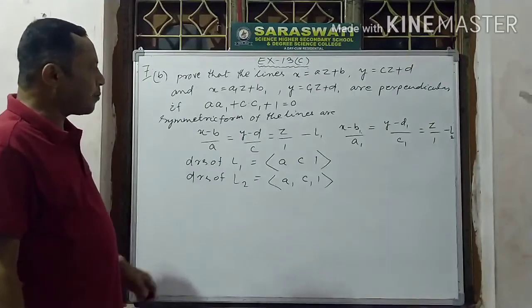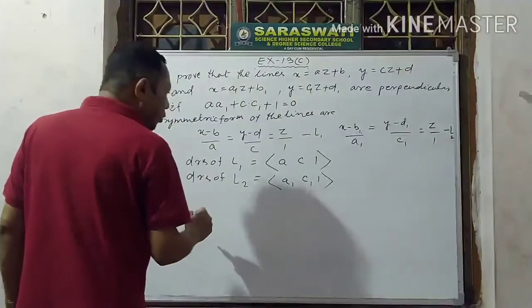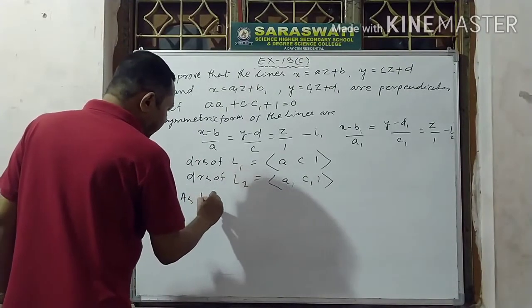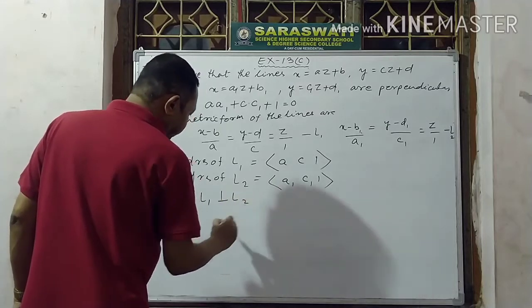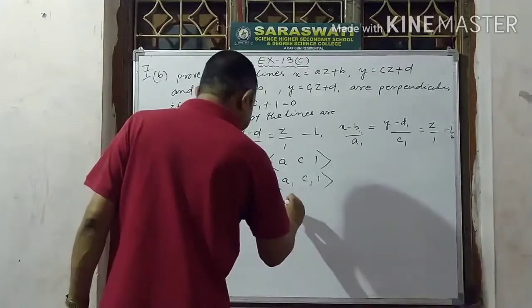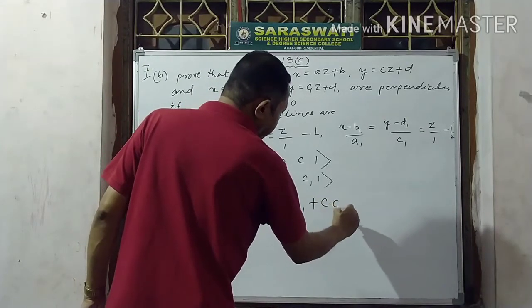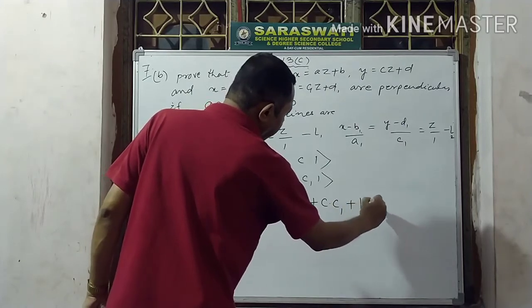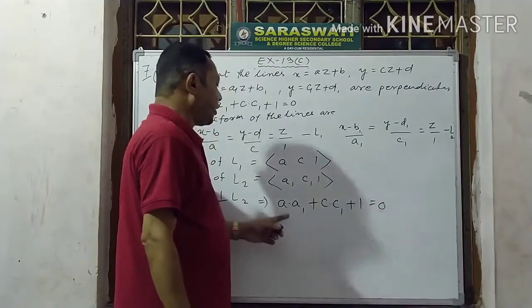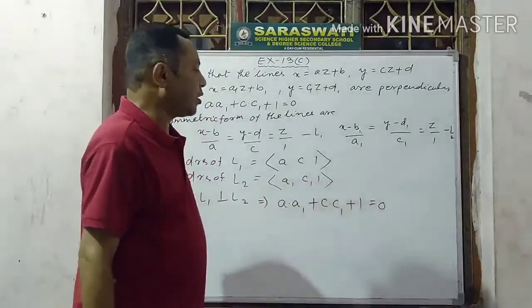As they are perpendicular to each other, using the perpendicularity condition, L1 perpendicular to L2 implies a into a1 plus c into c1 plus 1 is equal to 0. That is, a1 a2 plus b1 b2 plus c1 c2 is equal to 0.